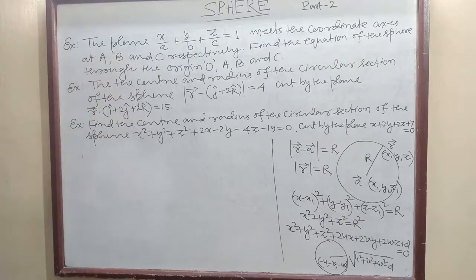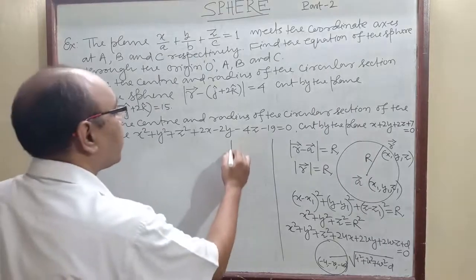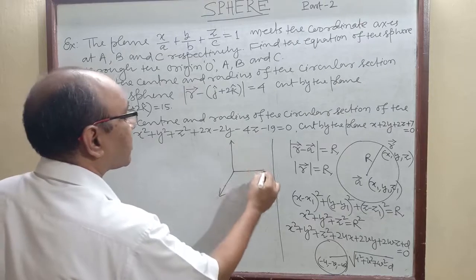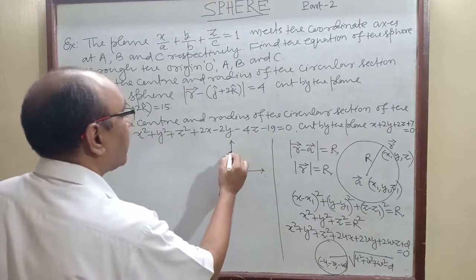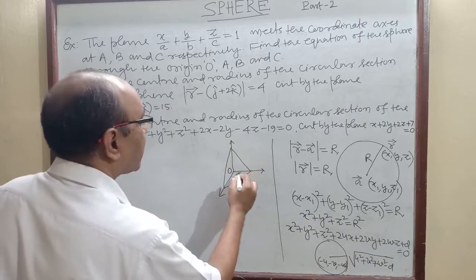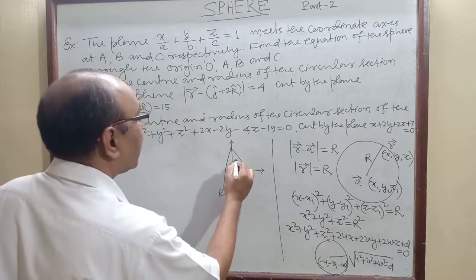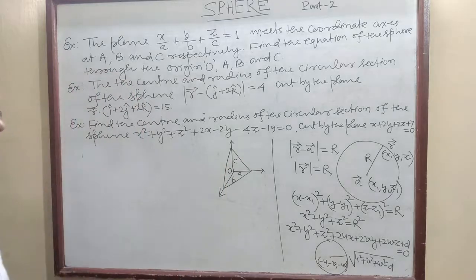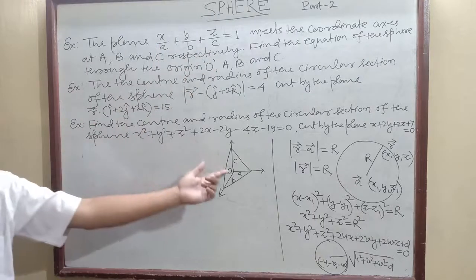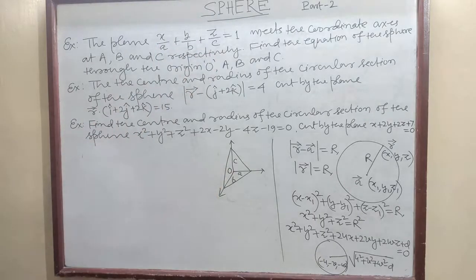A plane x by a plus y by b plus z by c equal to 1. You know x by a plus y by b plus z by c equal to 1 is a plane which cuts the coordinate axes at distances small a, small b and small c from the origin. In the plane chapter we have read that this represents a plane whose intercepts on the coordinate axes are a, b, c respectively.